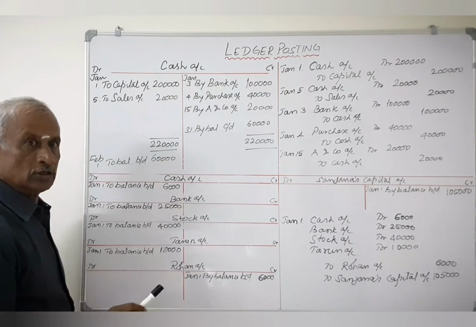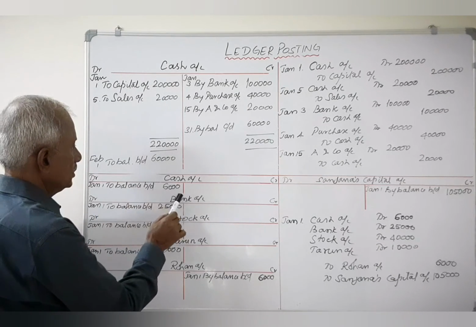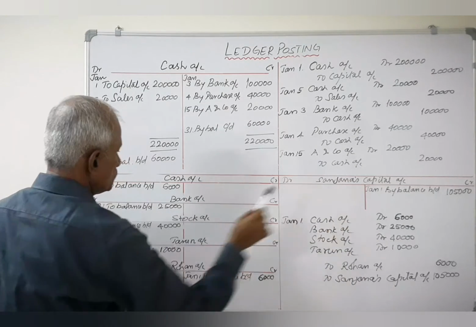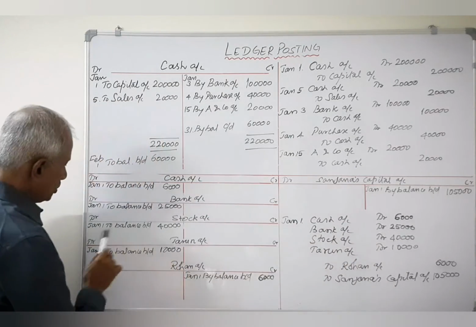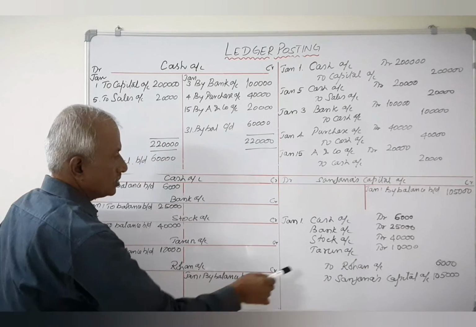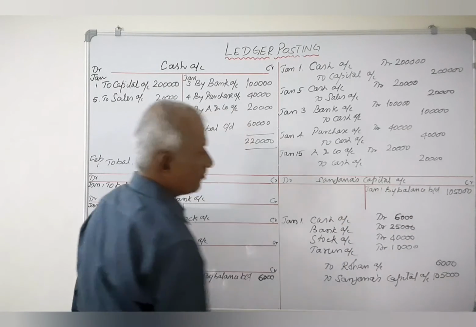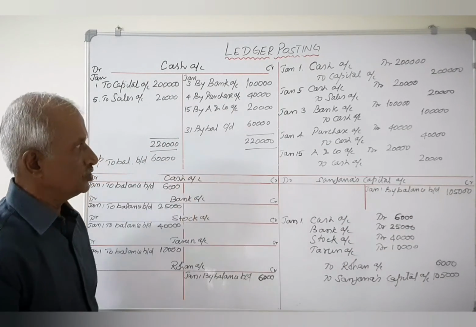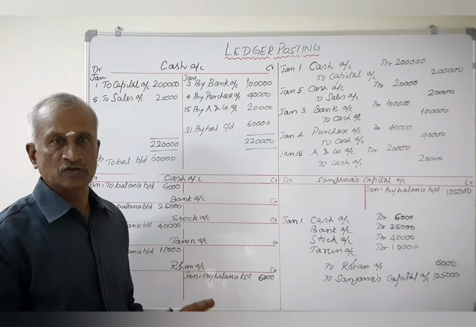So the journal should have been cash account debtor 6,000, bank account debtor 55,000, stock account debtor 40,000, Tarun account debtor 10,000, to Rohan account 6,000, and to Sanjana's capital account 1,05,000. So this is nothing but opening journal entry posted into the ledger. That's all with regard to the ledger postings.